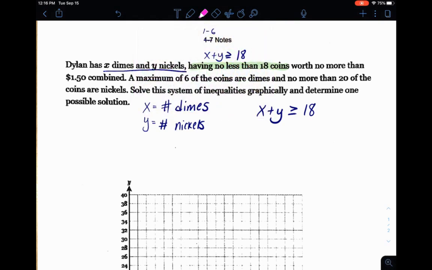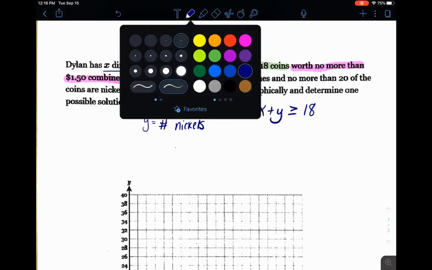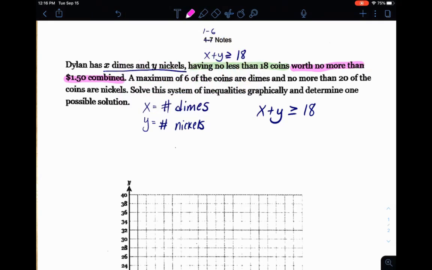Then it says worth no more than $1.50 combined. So how much is a dime worth? How do I write that? 0.1 or 0.10, right? Is 0.1 and 0.10 the same thing?